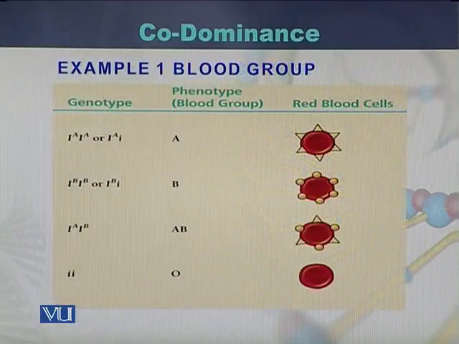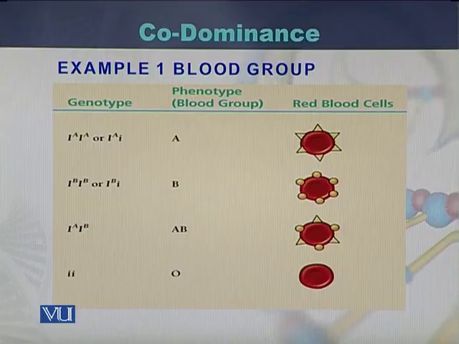We can take the example of human blood group. Human blood group can be phenotype A, blood group B, blood group AB, and blood group O. These are the four major phenotypes of the human blood groups.